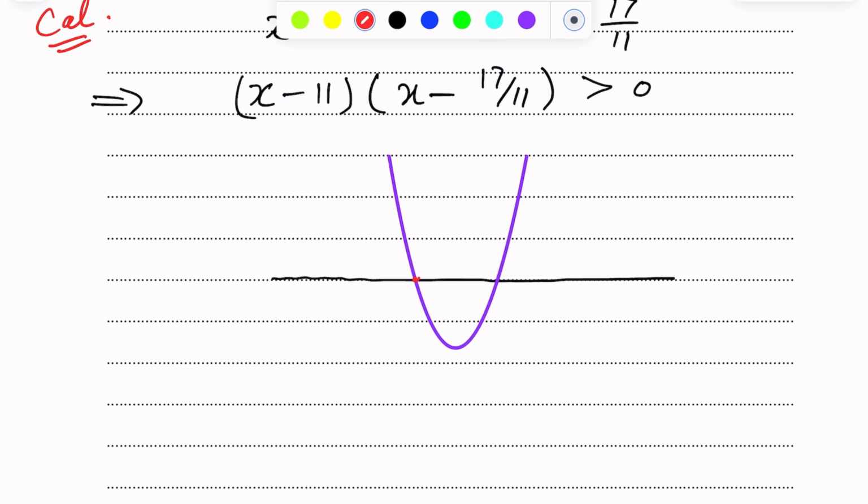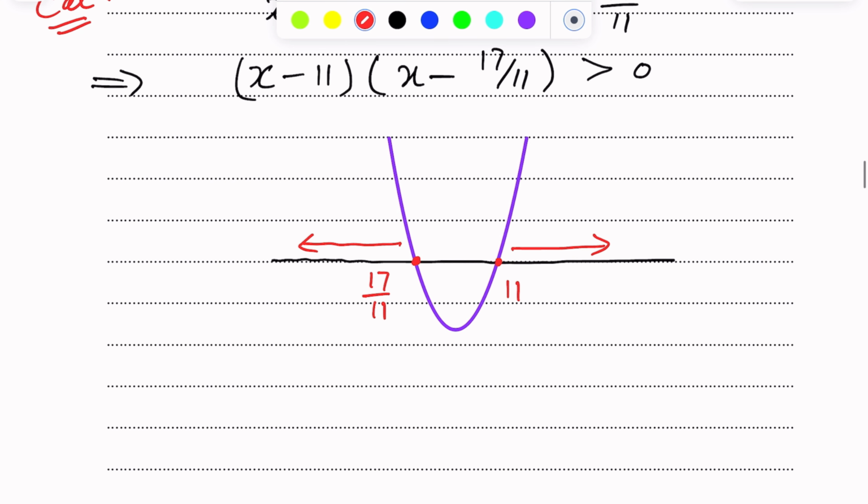So this is 17 over 11, this value is 11. Now the solution is away from this point, from this point. So this arrow shows the values greater than 11.